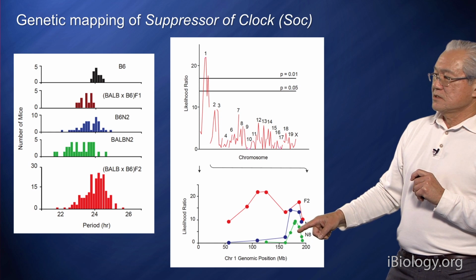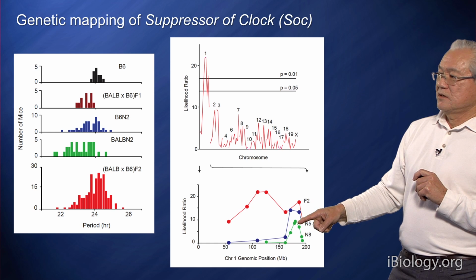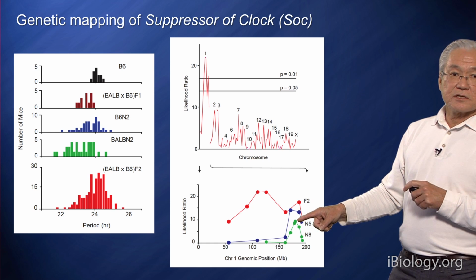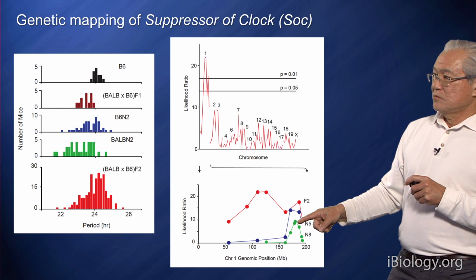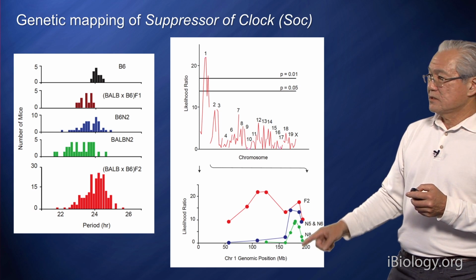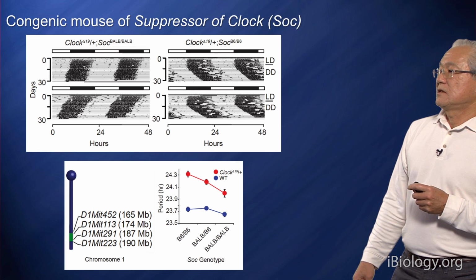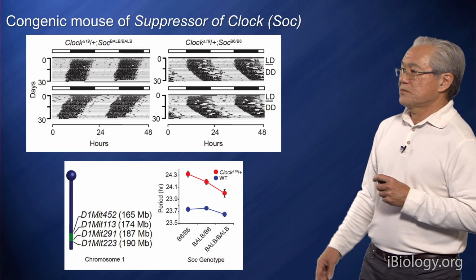And what we see is that the distal tip of chromosome 1 now is the region that carries the suppressor. Okay? But unfortunately, this region is still huge. And so it's really difficult to find a gene in such a big region.